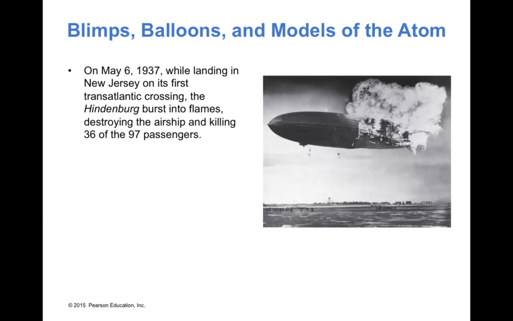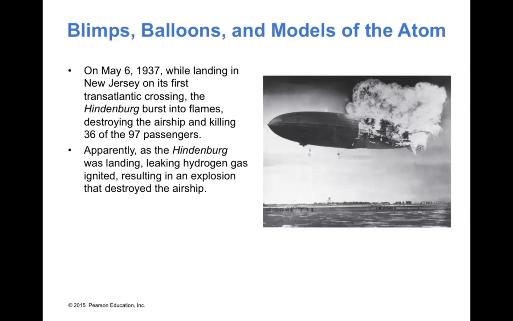On May 6, 1937, while landing in New Jersey on its first transatlantic crossing, the Hindenburg burst into flames, destroying the airship and killing 36 of the 97 passengers. Apparently, as the Hindenburg was landing, leaking hydrogen gas ignited, resulting in an explosion that destroyed the airship.